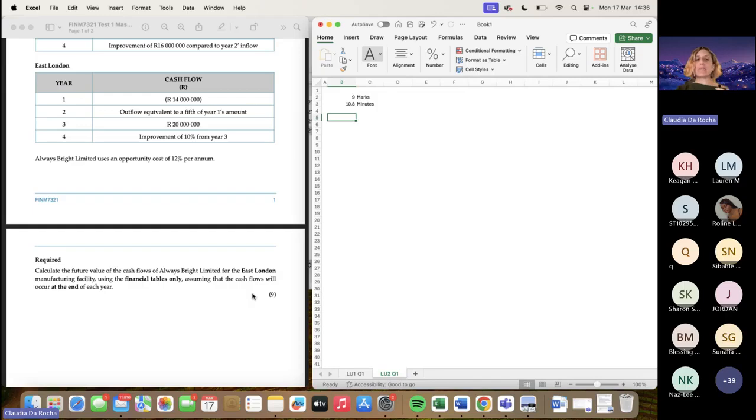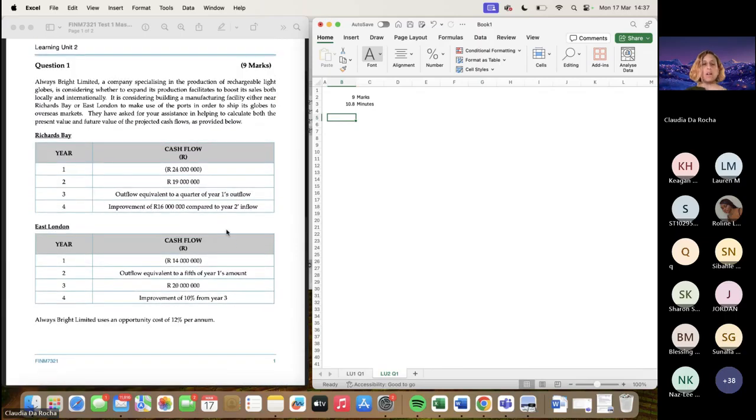We need to determine if it's a mixed stream of cash flows. If it is, then great, we can use financial tables. Because it's a cash flow, we're using the financial tables for a single amount. We know it's future value as well, and we know the cash flows are at the end of each year. These are all very important things because they affect the way we calculate.